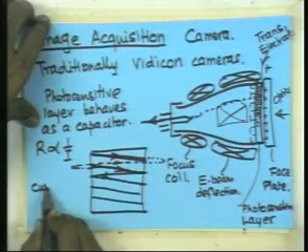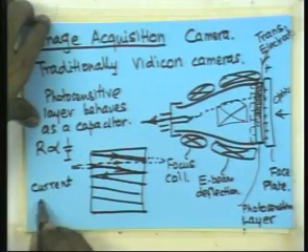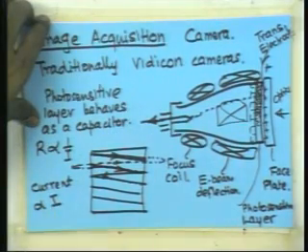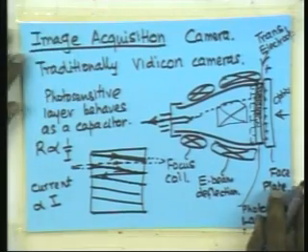So we get a current which is proportional to the intensity, and this is what we want. We can generate a pattern of analog values of this current and send it out as a video signal.